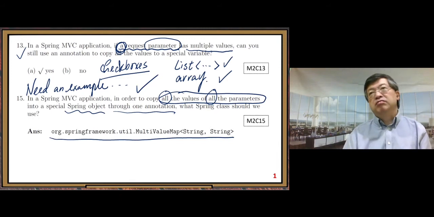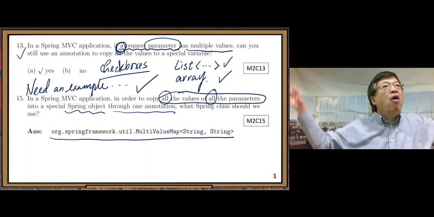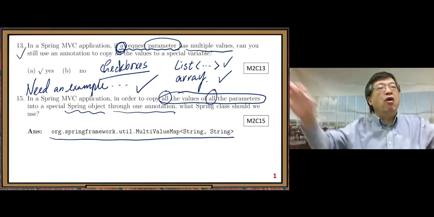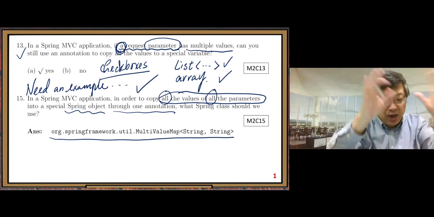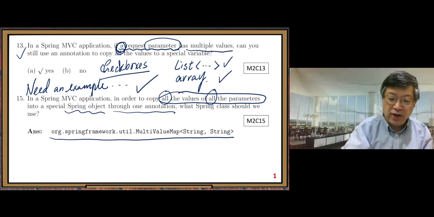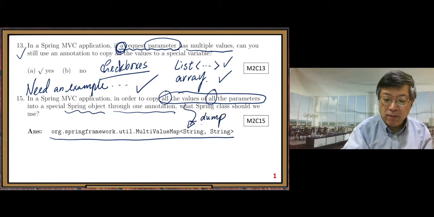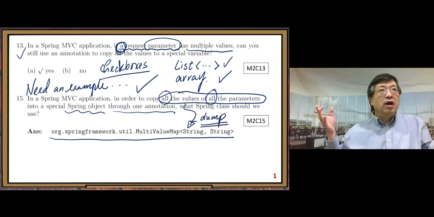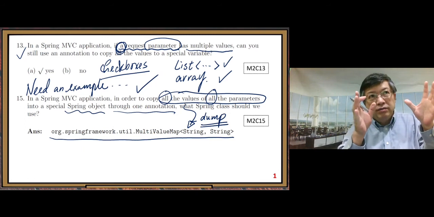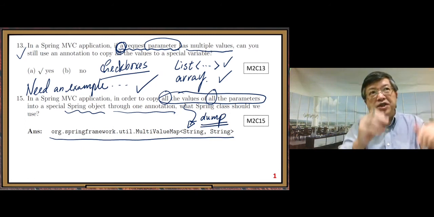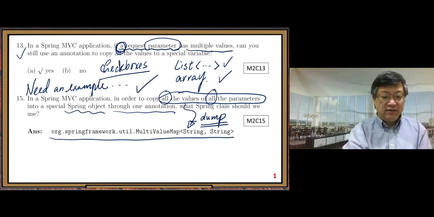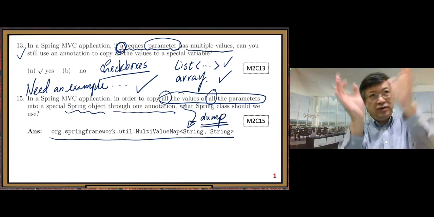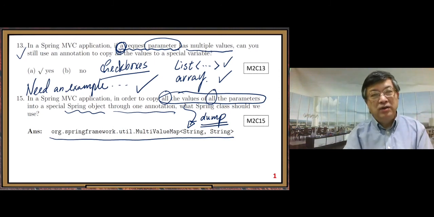Using this class or object, what do we do? Basically, we dump all the values of all the parameters into this object. Okay? So we dump. The copy part is quite easy. Just one line, you do the dump.